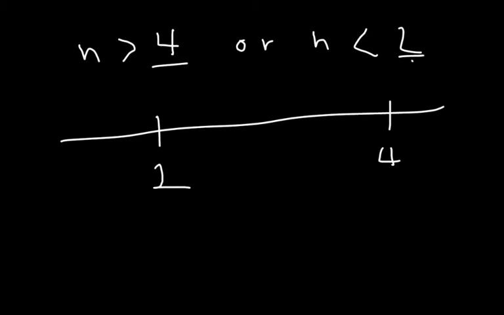We note that both of them do not include the end points, so there are going to be circles here. We just take each statement independently and graph it. N is greater than 4 would go this way. N is less than 2 goes this direction. So that's the solution for this compound inequality.